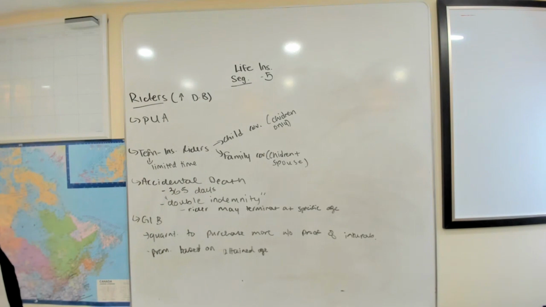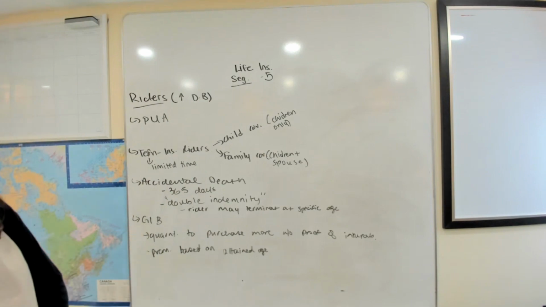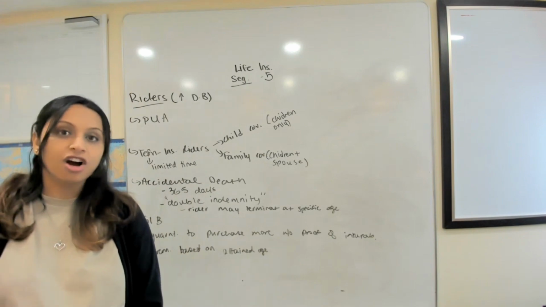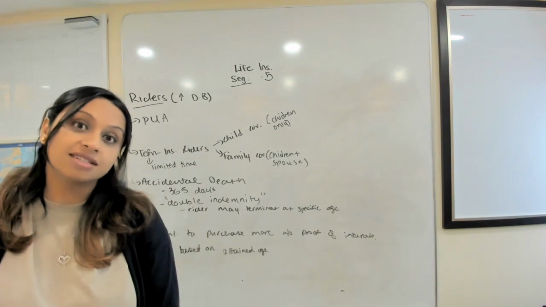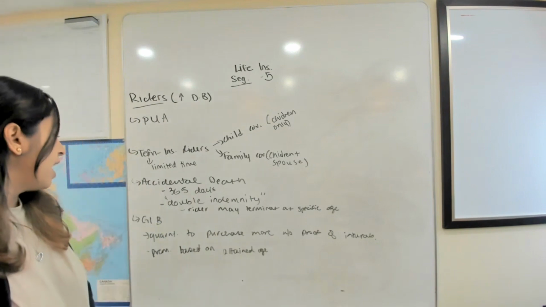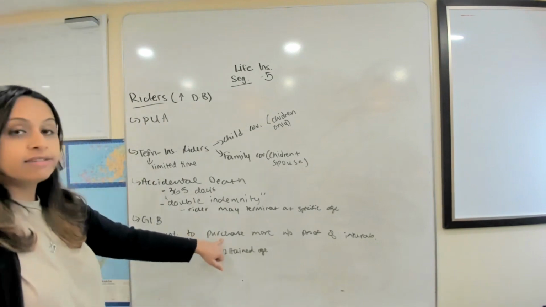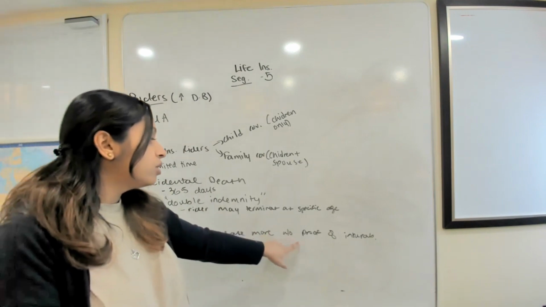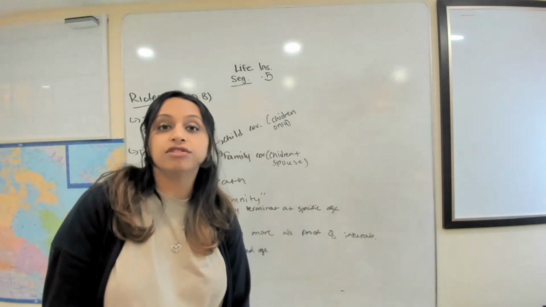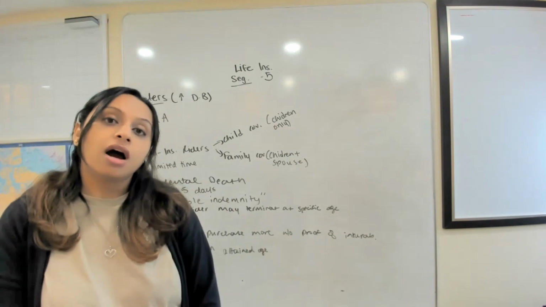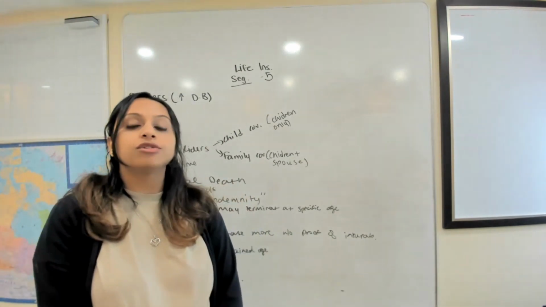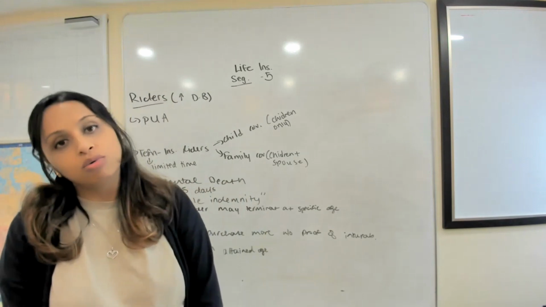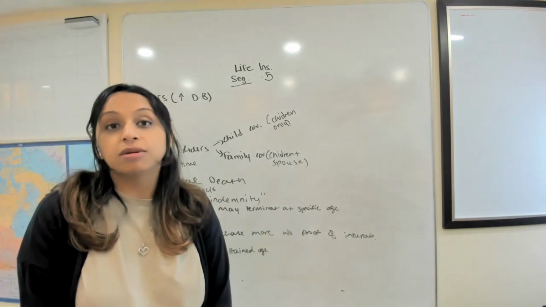The last rider we're going to talk about here is the guaranteed insurability rider, GIB. If you remember, we talked about a similar rider in our second module with accident and sickness. This is a rider that allows you to purchase more life insurance in the future without proof of insurability. It suits someone who maybe can't afford higher coverage or doesn't need it right now, but knows that in the future they will get married, have kids, have a home, so their needs are going to grow.